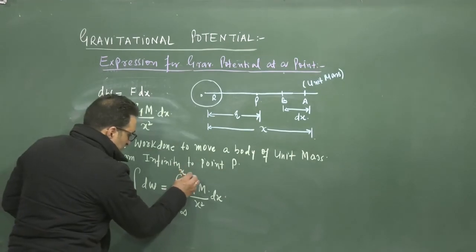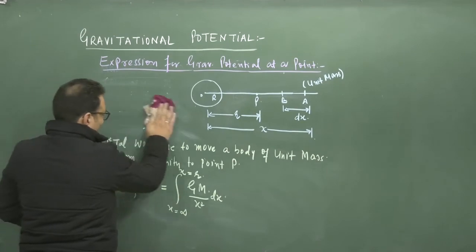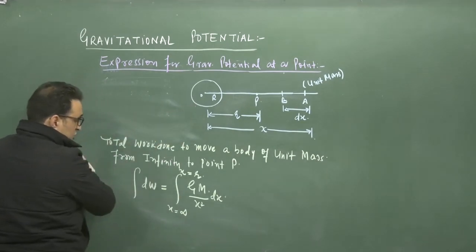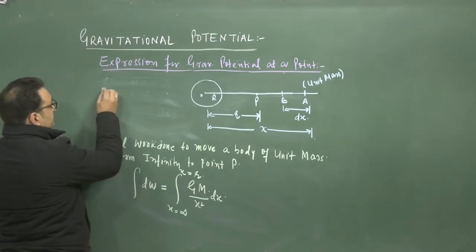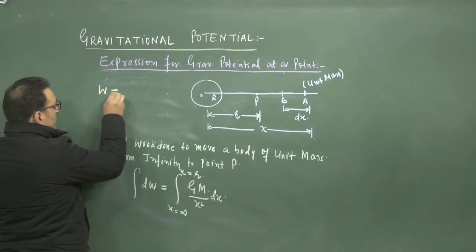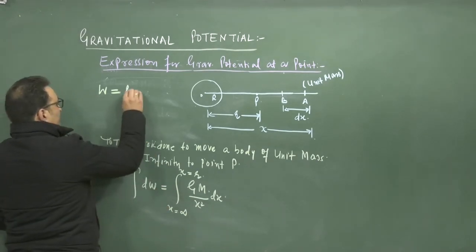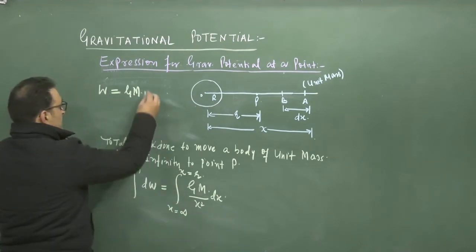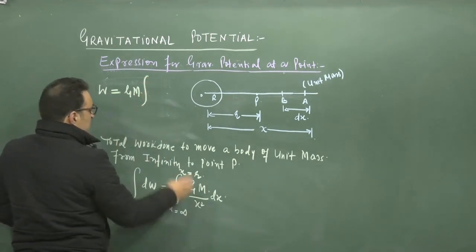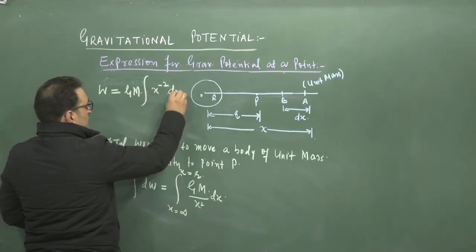So here x will be r. Now let me integrate this equation. Now integration of 1 into dW gives W. This is W is equal to, now GM can be taken out of the integral, and inside we can write this as x raised to power minus 2 dx.